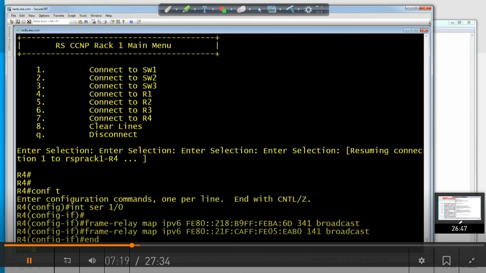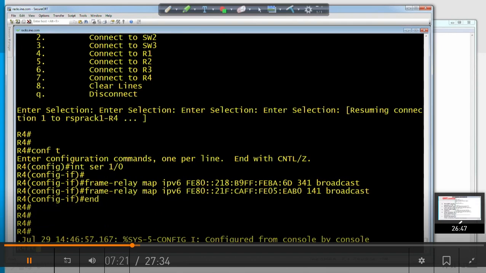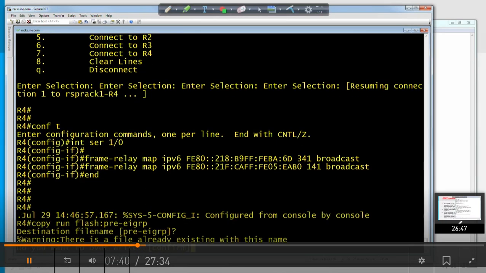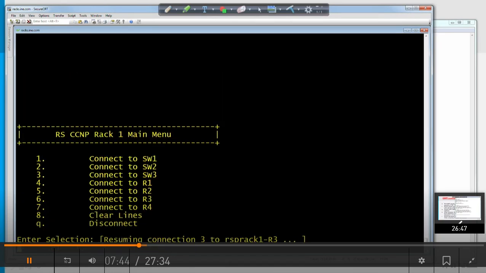Okay, so now what I'm going to do here is copy this back in. Copy run to flash pre-EIGRP. This time I'm copying those link local ones as well, so I won't lose them. Yes, I do want to overwrite. Okay, that's R4.